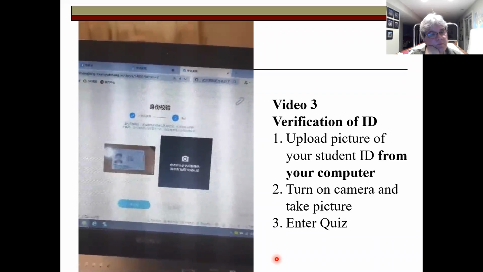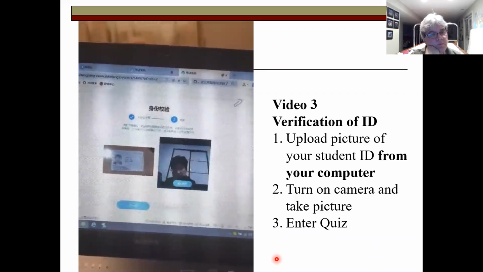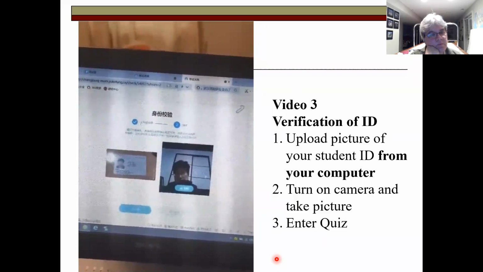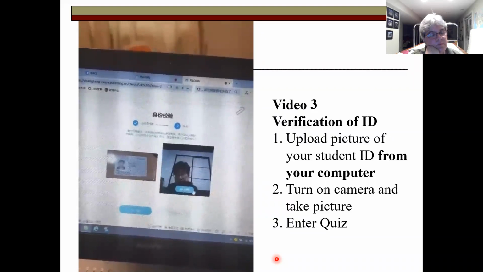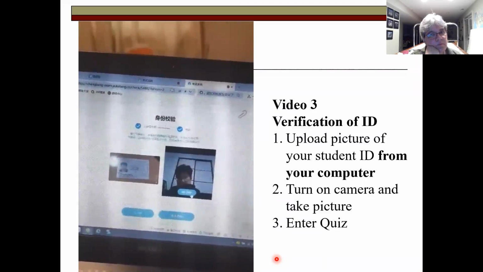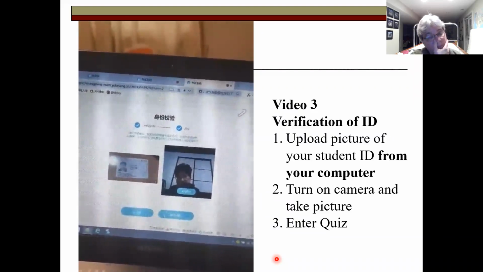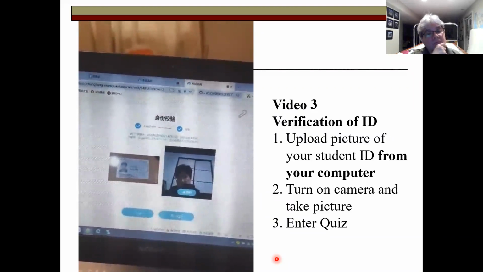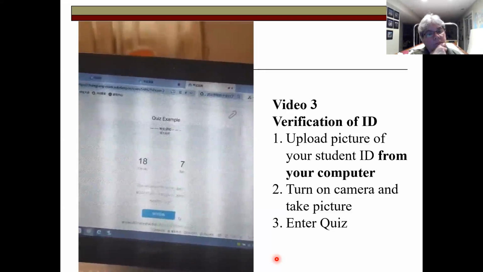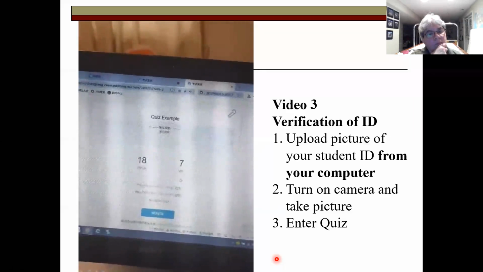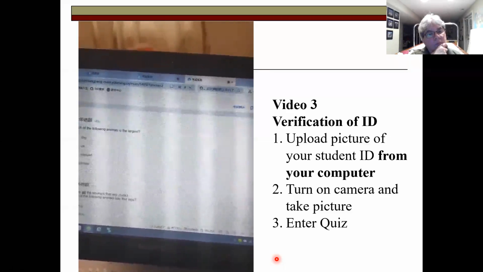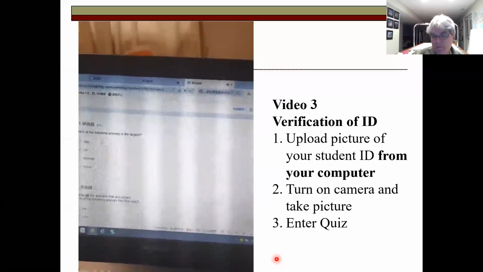Here, click here to turn on your camera and take a photo. Here, this button is take photo. Then, after you take the photo, you can press this button to enter your exam. Then, you can press this to answer your questions.